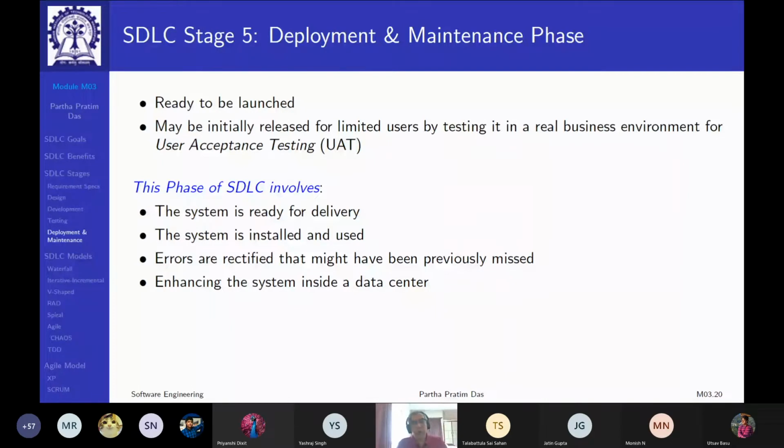So it may be released. Usually you don't give the entire thing to the customer in one go. Maybe you first give it to a limited set of users for testing in the real environment where it has to be used. Then if that succeeds, you grow the set of people who are using it.